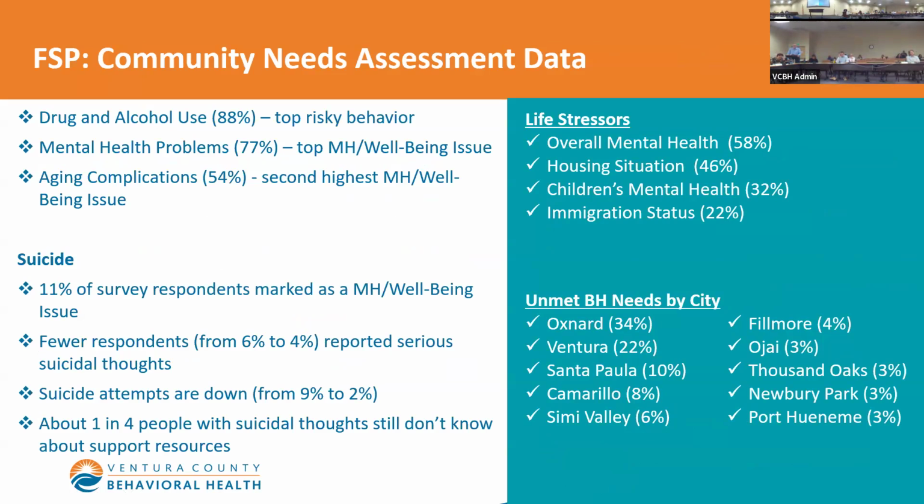And then we have some data there on suicide. So this is showing 11% of people who responded to the community health needs assessment survey marked mental health and well-being as a serious issue for them. Now, there were fewer respondents over time because this survey has been used at different periods, right? So there's fewer people that are reporting serious thoughts.